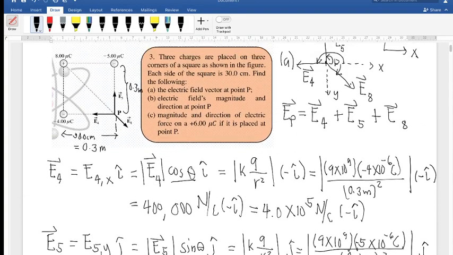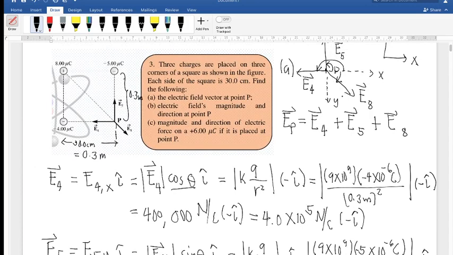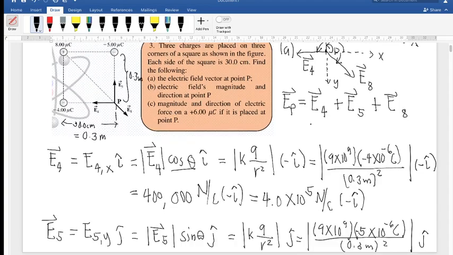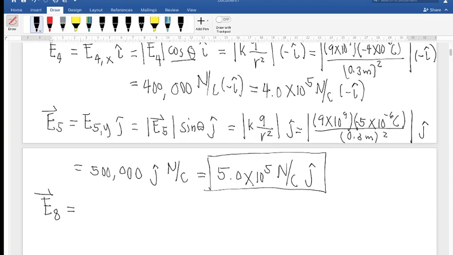Okay, so next, as you can see, hindi siya straight line, meaning hindi siya along the x and y. So actually, meron siyang oriented angle with respect sa x-axis, di ba? So meaning meron siyang dalawang component, x at saka y. So we have E8x i hat plus E8y j hat.